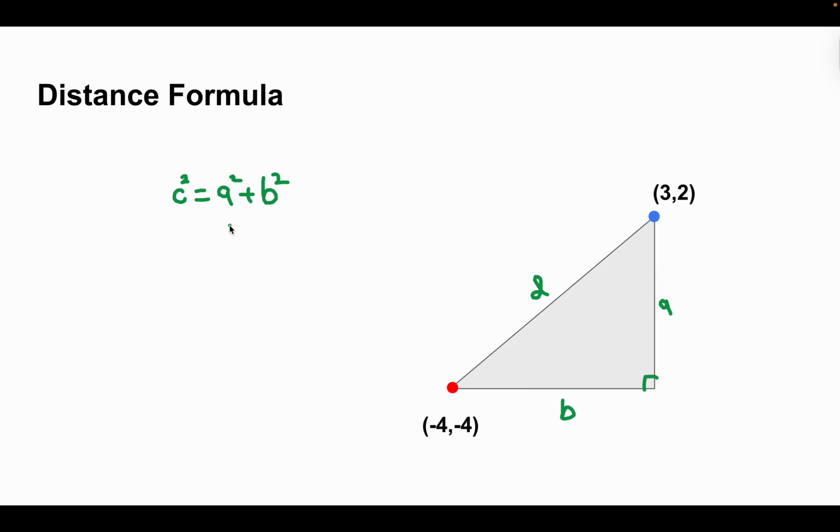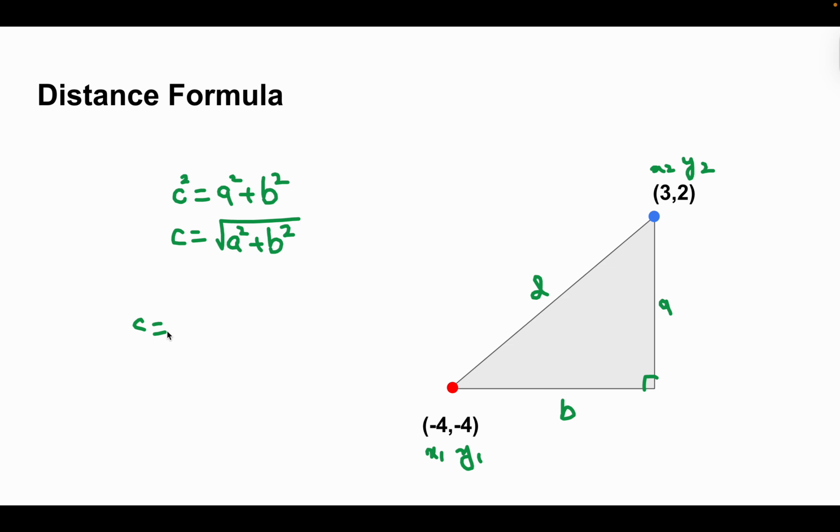What we need to do is find the c. This is the formula to find the distance. Let's say this is x1, this is y1, and this is x2, and this is y2.